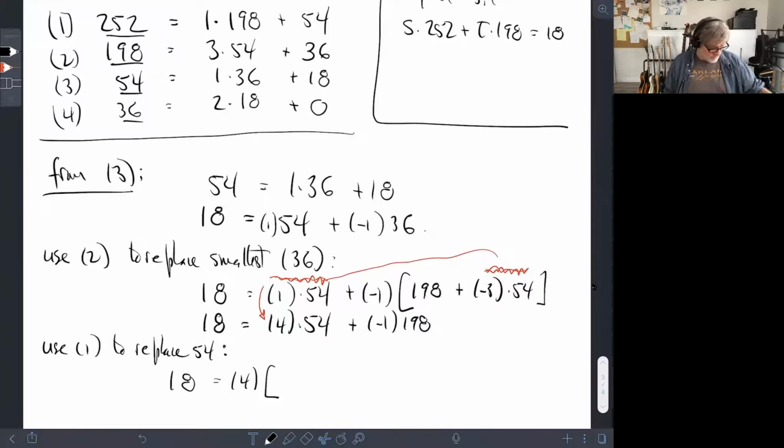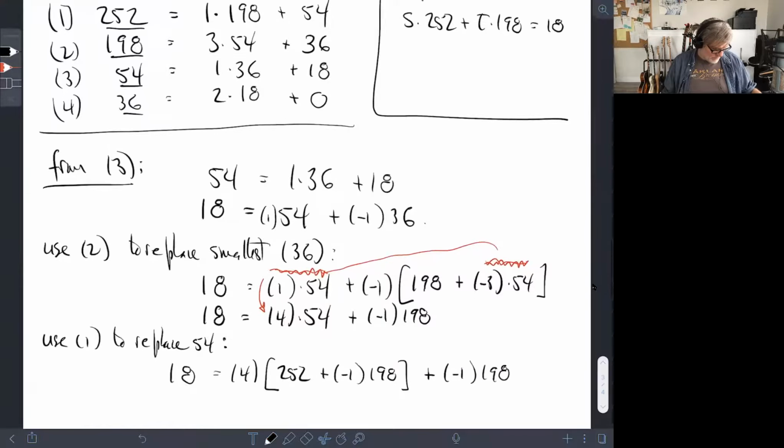What is 54? It is 252 minus 198, or if you want, plus minus 1 times 198. Again, I'm making sure that we see exactly where the coefficients are, plus minus 1 times 198.